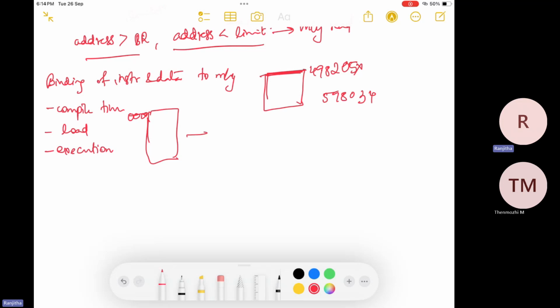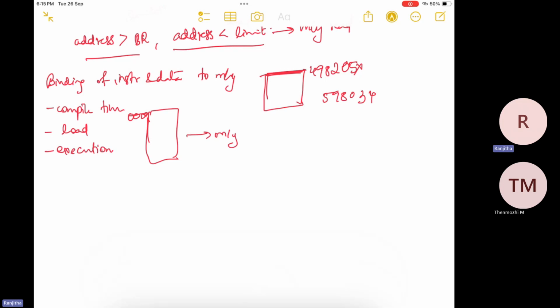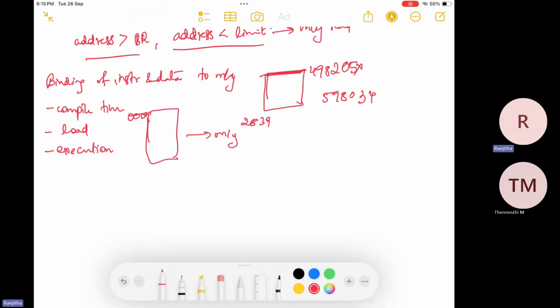And when it is going to be placed in memory, for example, at location 2539 or 50-something, all the following addresses, 0001 and so on, are added to this base address, and then it is put into the memory.